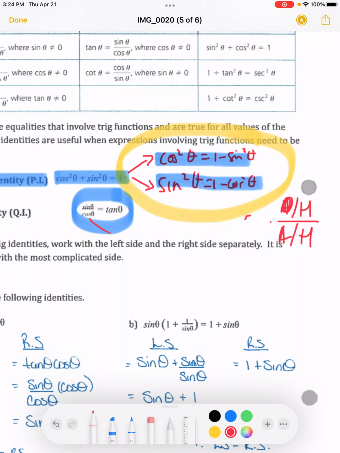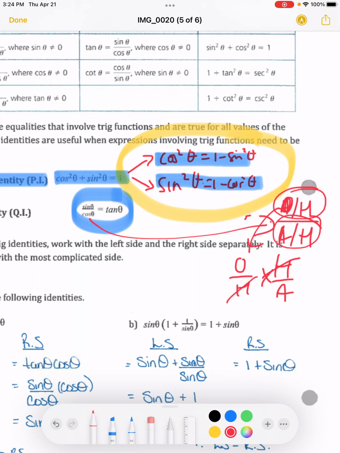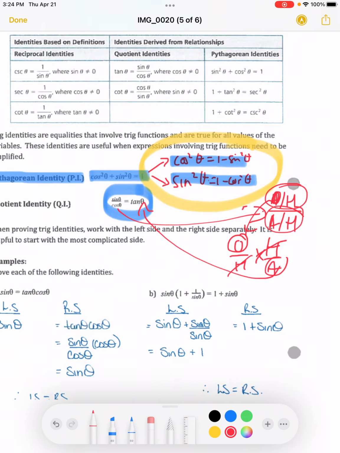So if you put them over each other, sine over cos, O over H over A over H, what you're doing there is dividing. Remember, when you divide by a fraction, you multiply by its inverse. So it's really O over H times H over A. They cancel each other out, and you get O over A, which is what tan is. So that's why that's true.